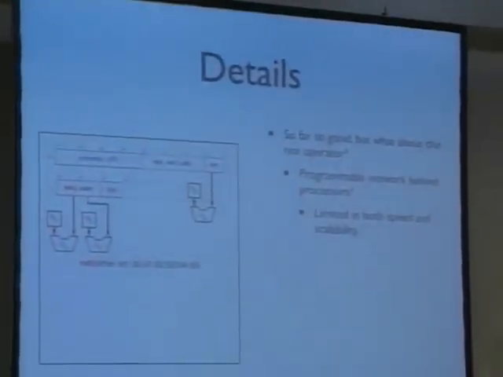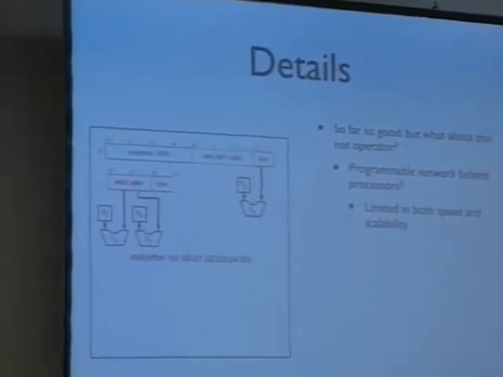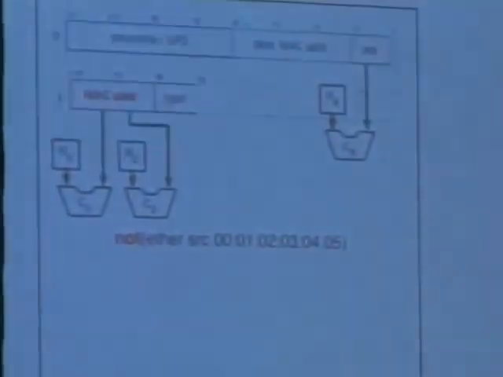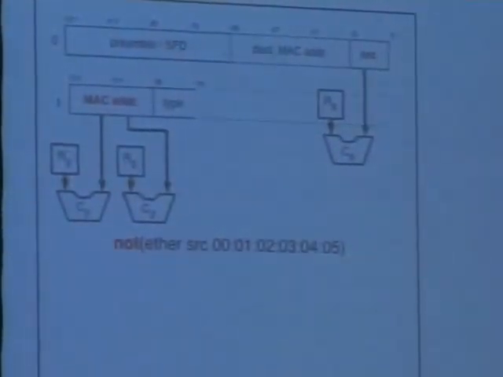But then we have a problem with this not operator, because this not operator is going over the whole data. I really worked on how I should operate this not operator, or an operator like that, where you have to get a result and then process an operator on it. First thought, okay, let's make a programmable network behind the processors.